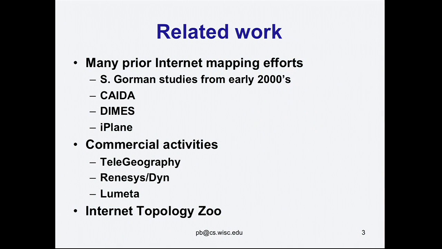So probably many people in the room are familiar with related work in this area. Maybe some of you remember the Sean Gorman story. Anybody remember that story from about 10 years ago? Yeah, one or two people. If you haven't read that story, it's kind of amazing.